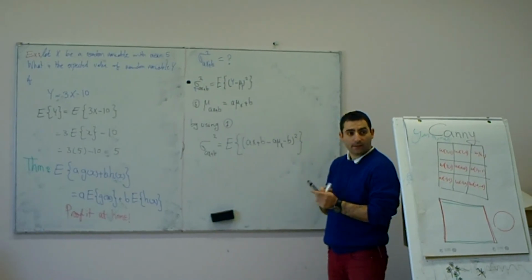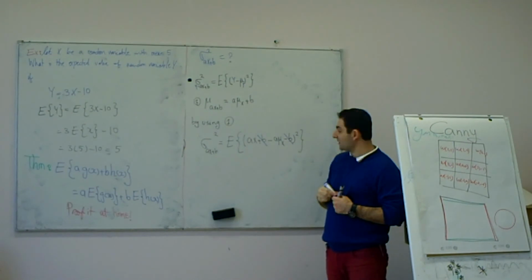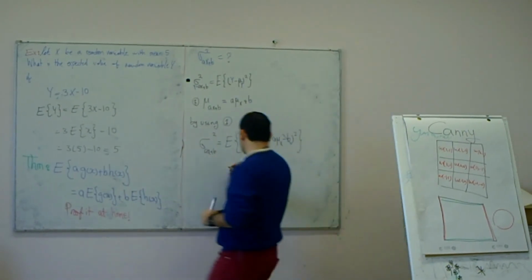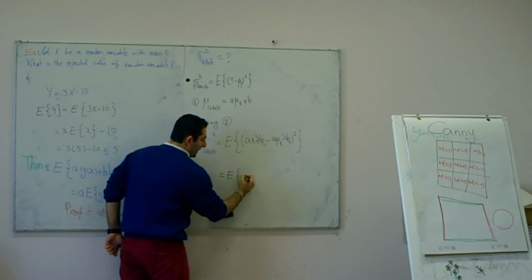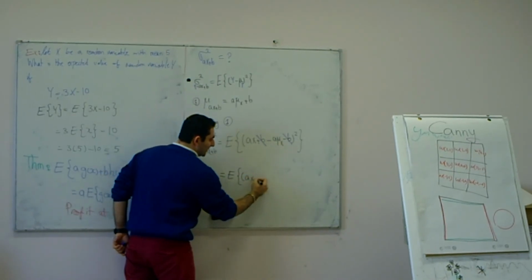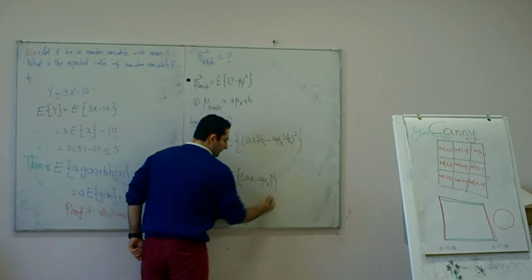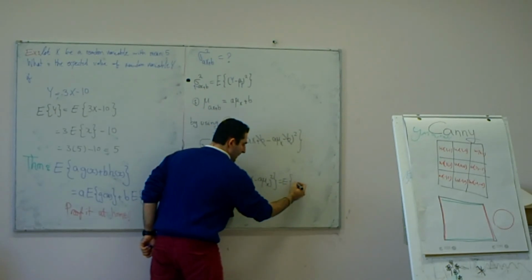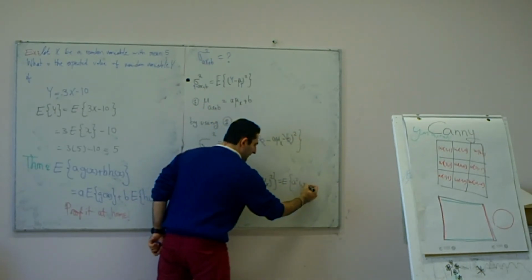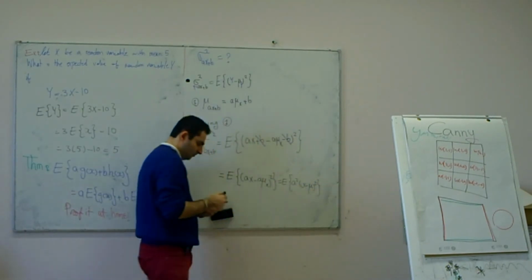The b's are cancelling each other. So I have the expected value of aX minus a mu X, squared. I factorize: a squared multiplied by (X minus mu) squared.